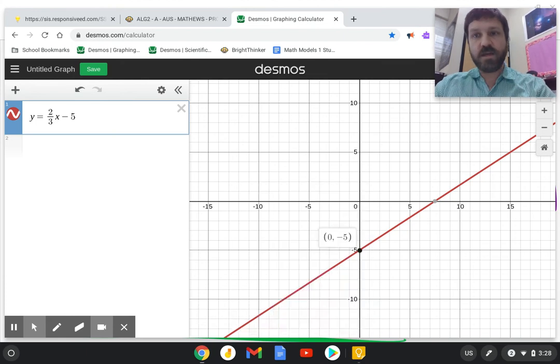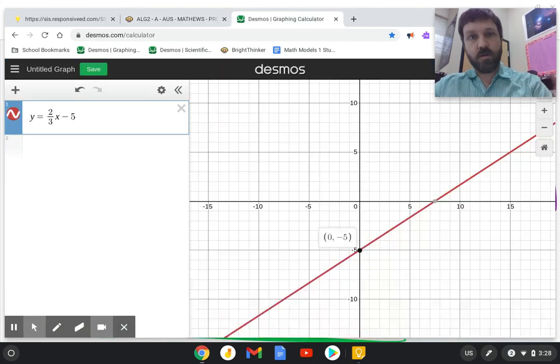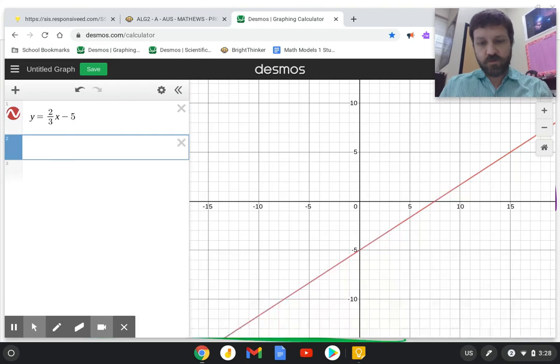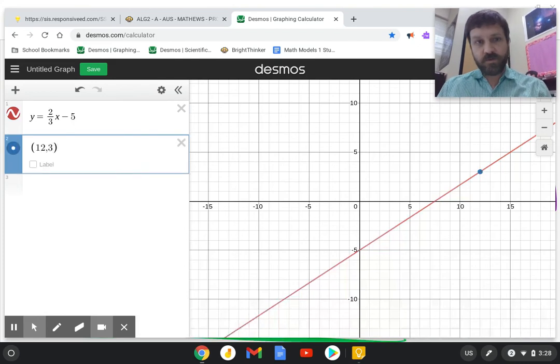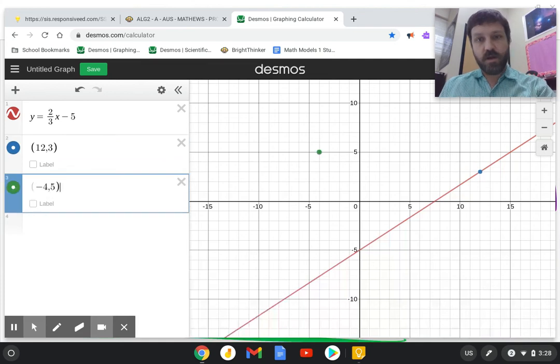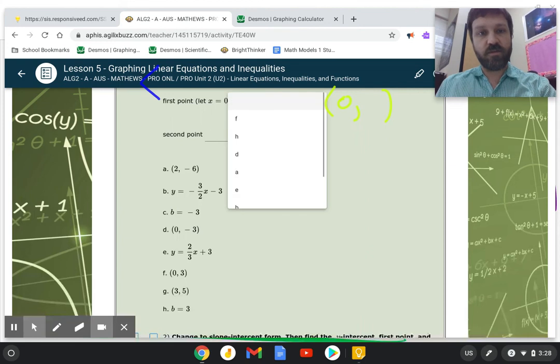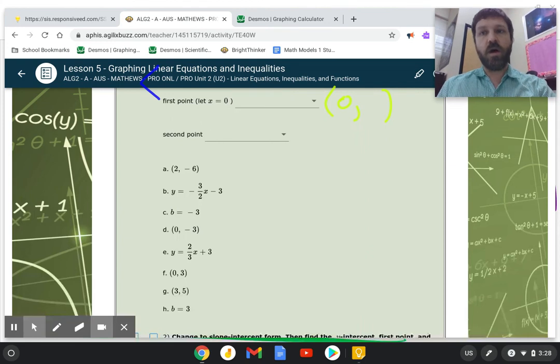You need to go and see if any of the other points are actually points on the graph. If I was like, well, is 12,3 one of those? I would see, oh yeah, it is. It crosses right there. Or what about -4, 5? Oh, no, that's not one of those points. So that would not be a good answer, whereas that blue point, 12,3, would be a good answer. So you need to find which of these other points that you didn't use for the first point would also be on the graph.